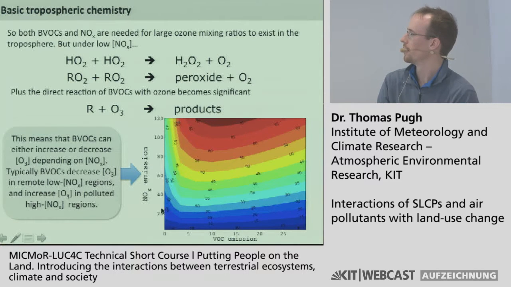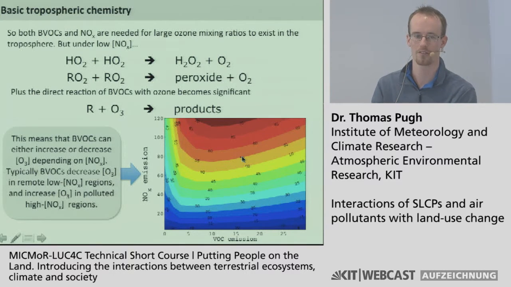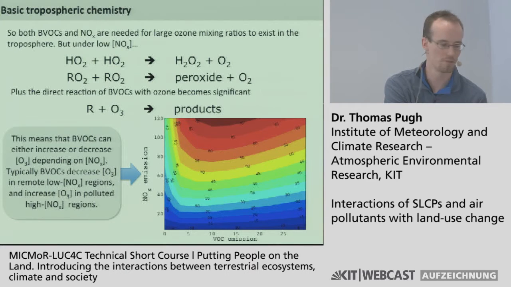So you see that basically as you increase NOx emissions, then you get a strong increase in ozone mixing ratio. But if your VOC emissions are very low, then that maximum level of increase of ozone is much lower than if you have high VOCs. So if you have high VOCs and high NOx, you have a lot of potential to create ozone.